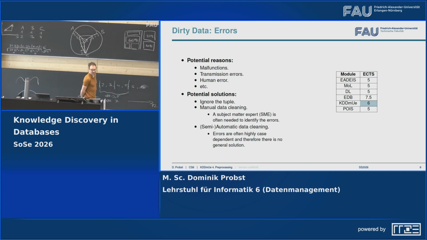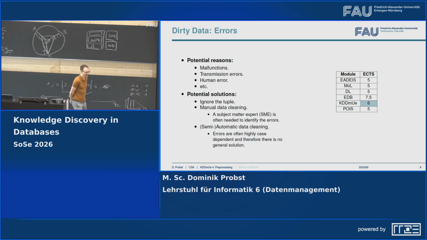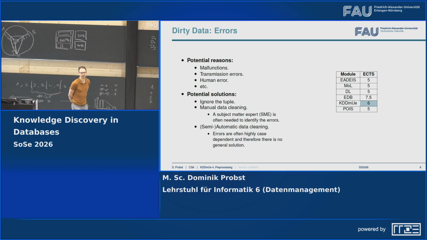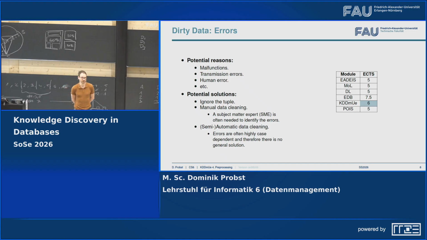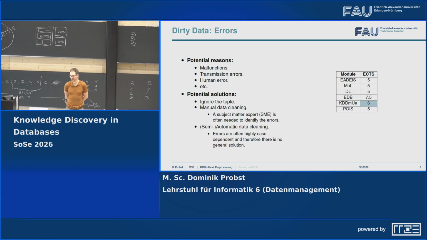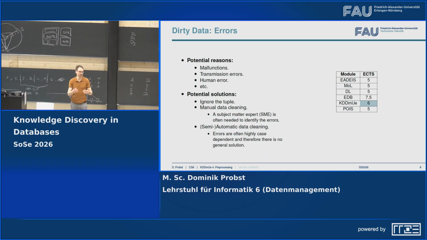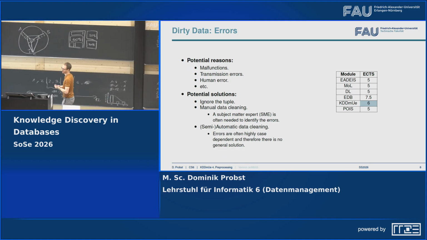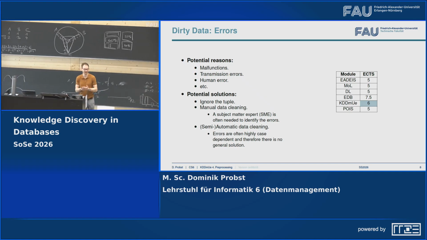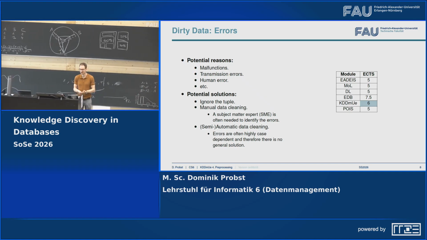For errors, it's very unlikely that you find a 100% automated solution, because these errors are very often case dependent. You have to have a lot of domain knowledge to really identify errors and also correct them. So it's nearly impossible that you find a general solution to fix errors automatically.